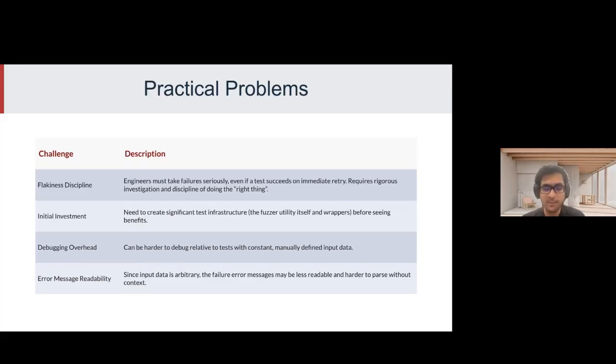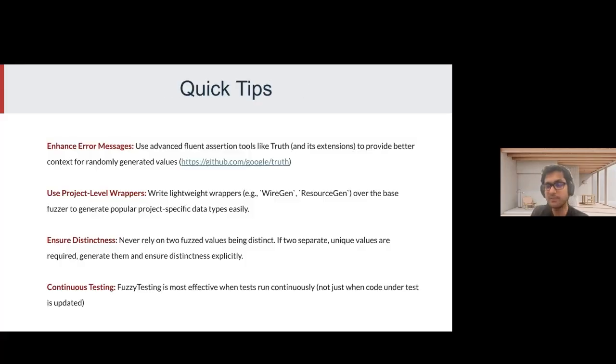Since the input data is very arbitrary and can often be very long and less readable, the logs can also be full of garbage that can be hard to parse. Typically for this, I advise folks to use more advanced fluent assertions.